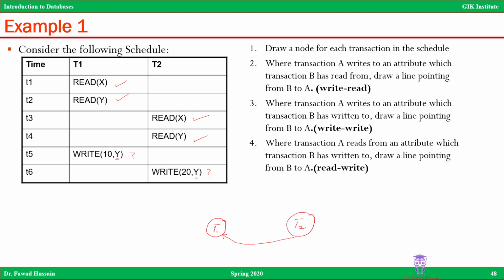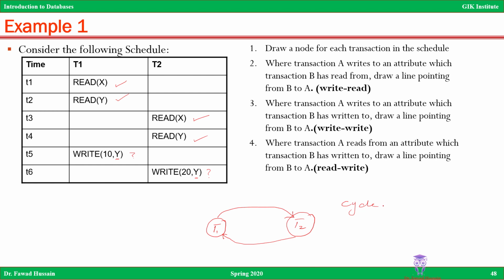So we have write after write. T1 is coming first and T2 is coming after. So from T1 towards T2, we have this. Now you can see there is a cycle. If I start from T1, I can go to T2 because of the arrow, and I can come back to T1 because of this arrow. And this is a cycle.